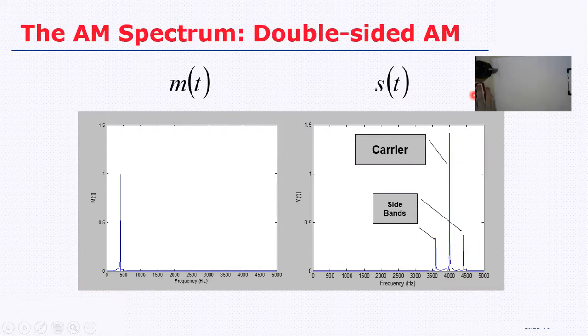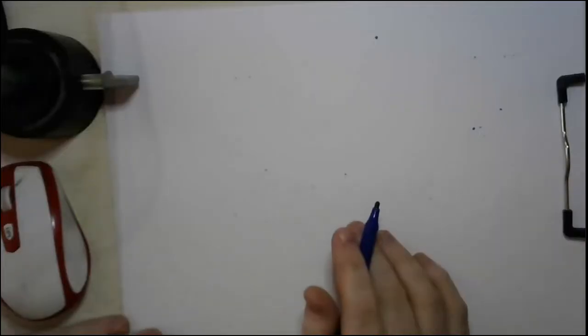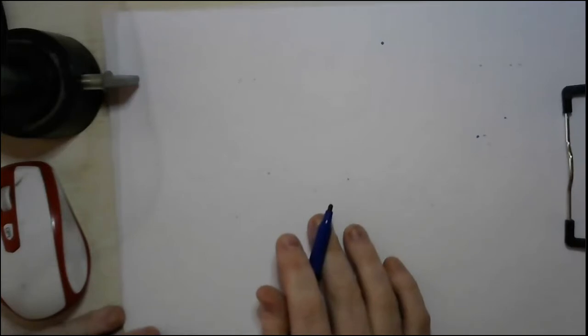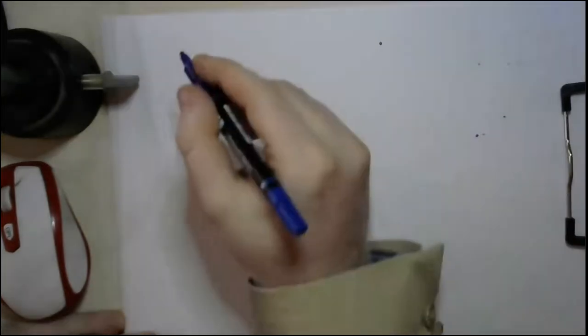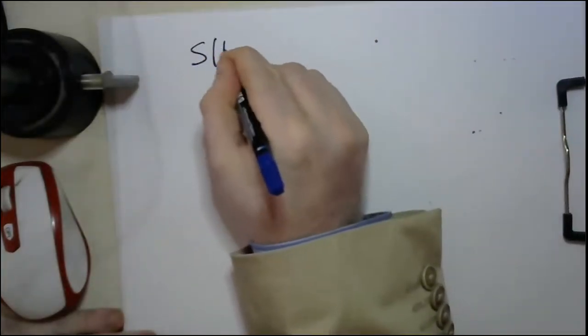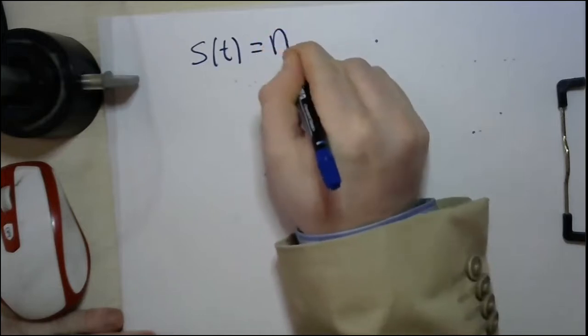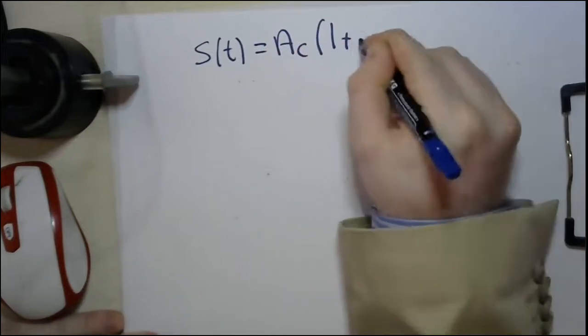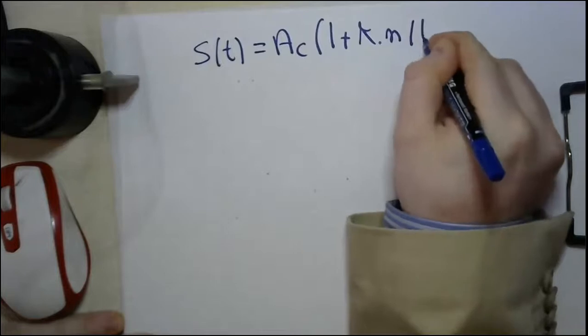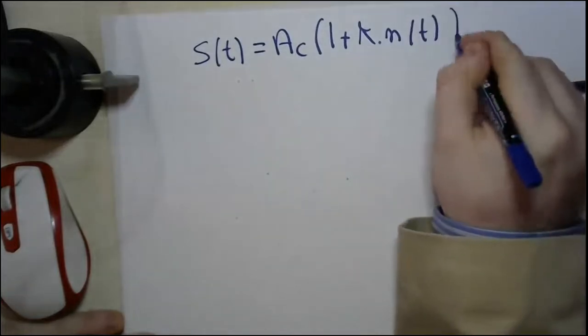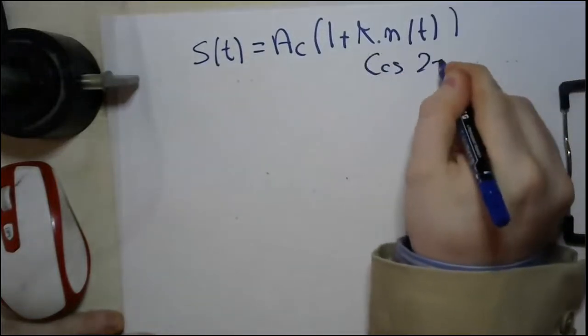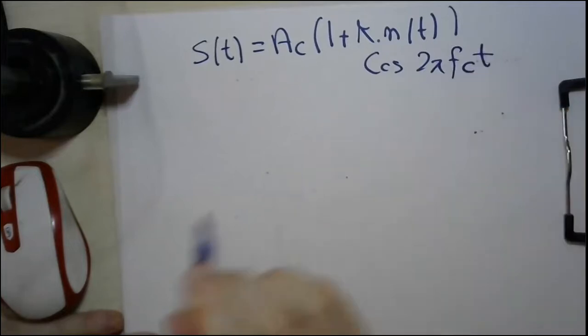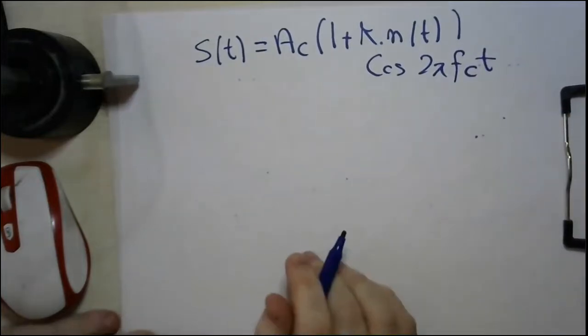Let's return back to our whiteboard. Now the new expression is as follows: Ac(1 + k m(t)) cos(2π f_c t). This is the new expression.